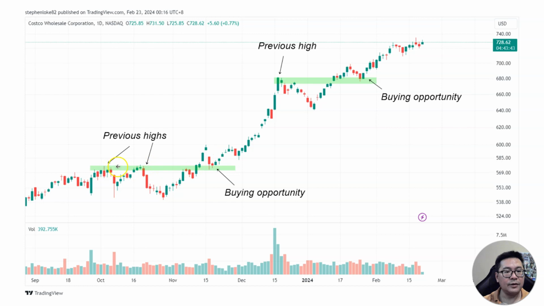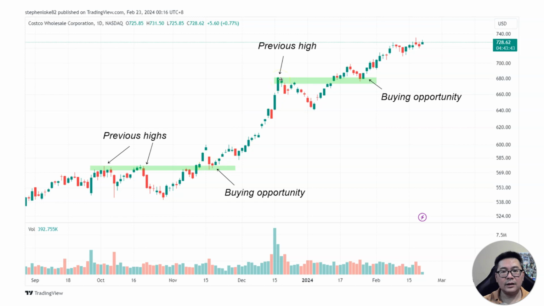Immediately, this previous high became a new support area, and even though there was a gap down, the next day there was a small candle showing slowing down of bearish momentum, and a green candle formed, and this offered a buying opportunity for traders because the stock dropped to an area of support. You can buy it and then ride it higher, and this setup produced a very nice gain.